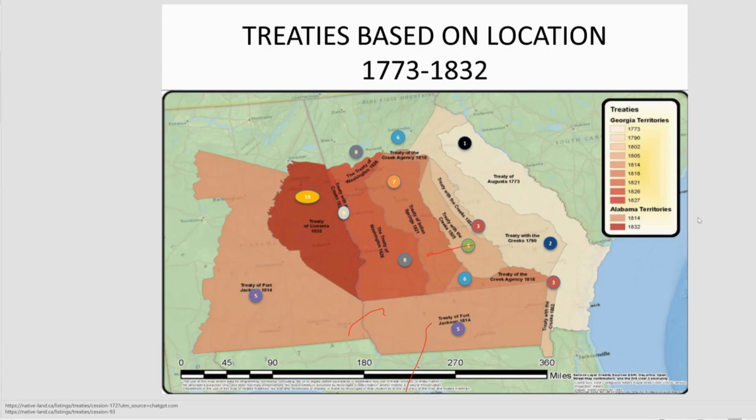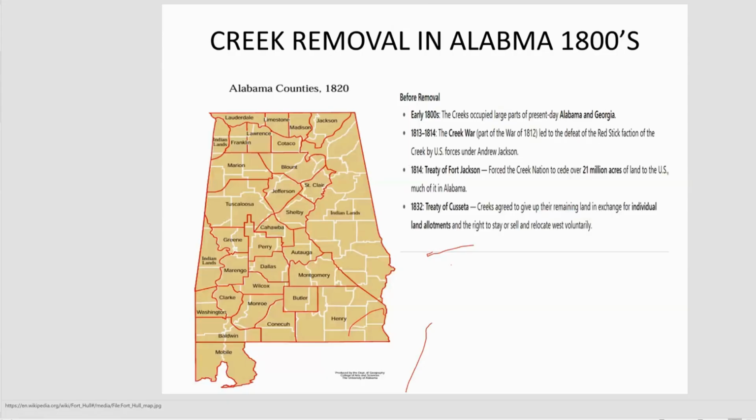We know that was near the Trail of Tears, but it actually was before the Trail of Tears. This is them giving up their land in those periods of time, and we have to remember what Native Americans were there at that time.